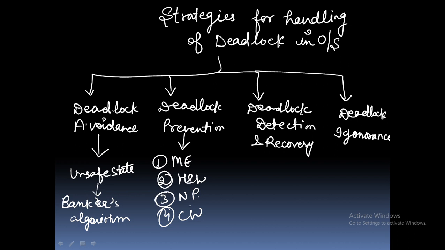According to the first approach, a natural number is assigned to every resource, and each process is allowed to request resources either in only increasing or only decreasing order of the resource number.